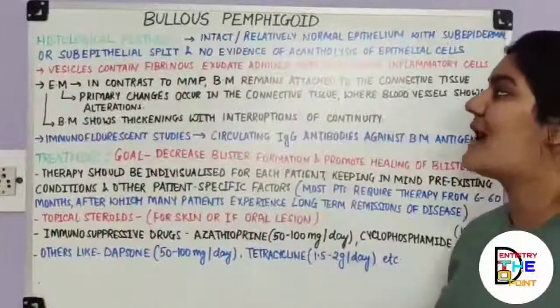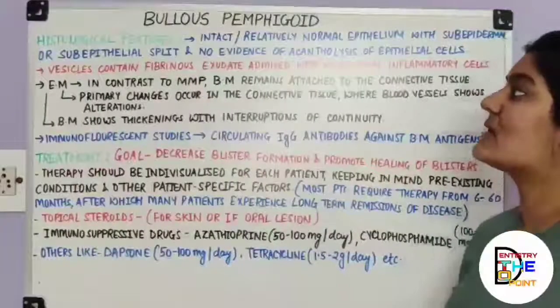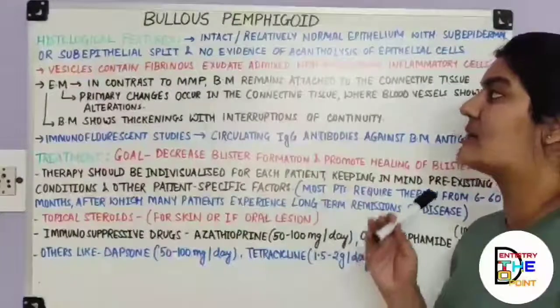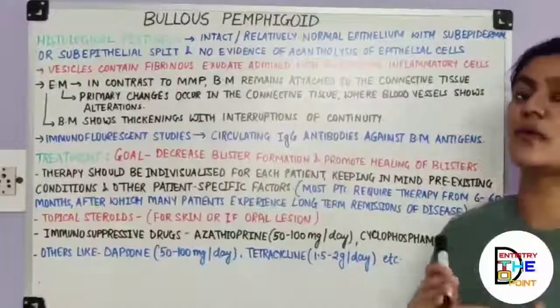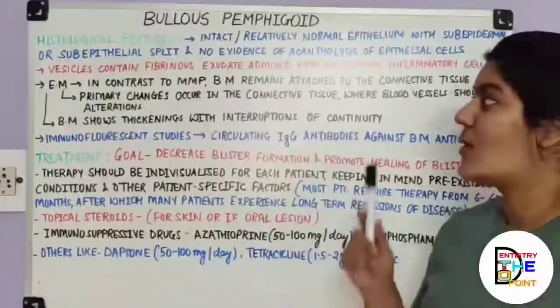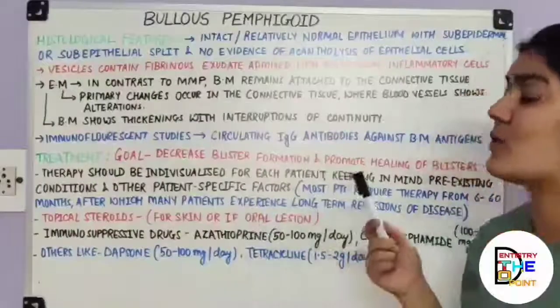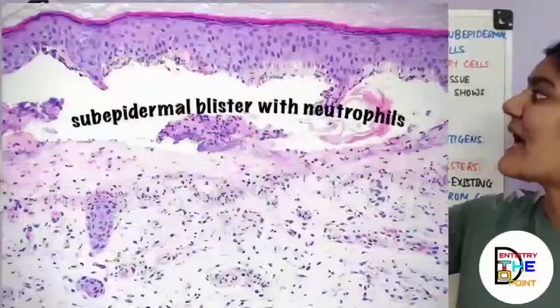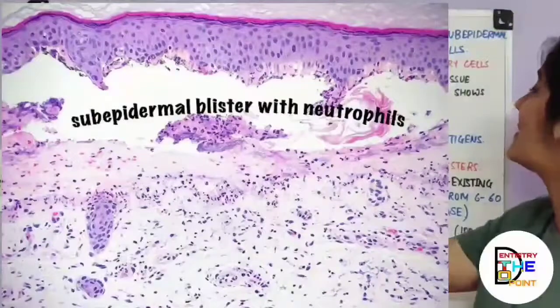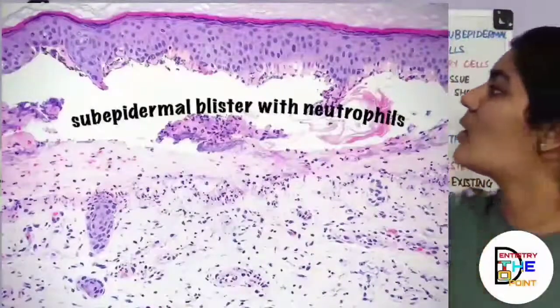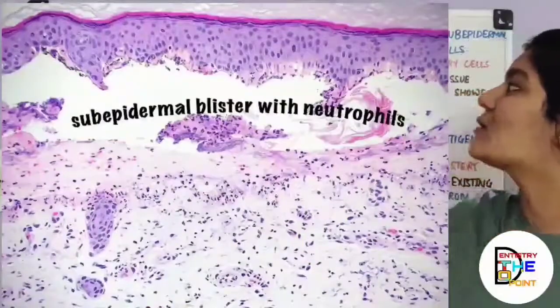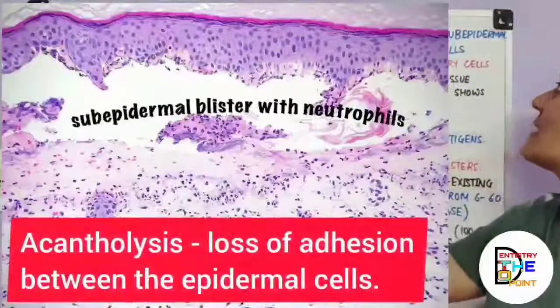Moving to the last part and the remaining two topics, that is your histological features and treatment. In histological features, now since you are aware of the disease, what you are going to see is intact or relatively normal epithelium with a subepidermal or subepithelial split and no evidence of acantholysis of the epithelial cells.